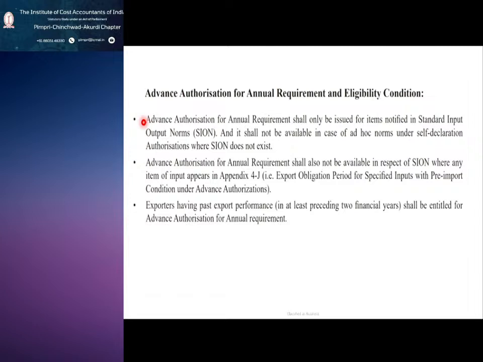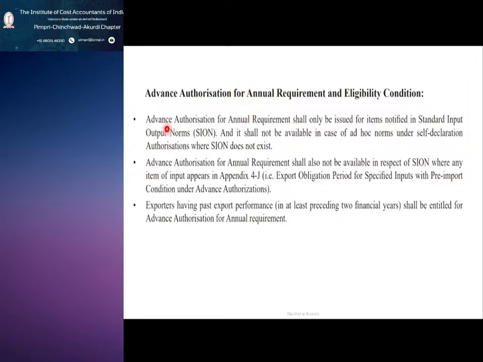Where the standard input-output norms do not exist, the advance authorization for annual requirement will not be issued.